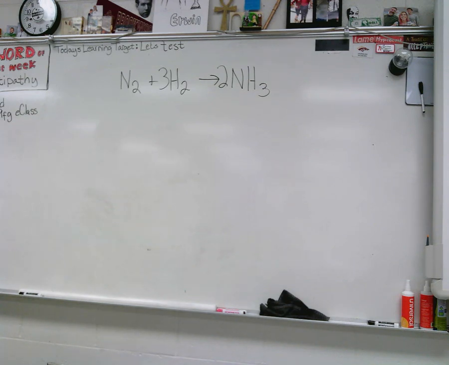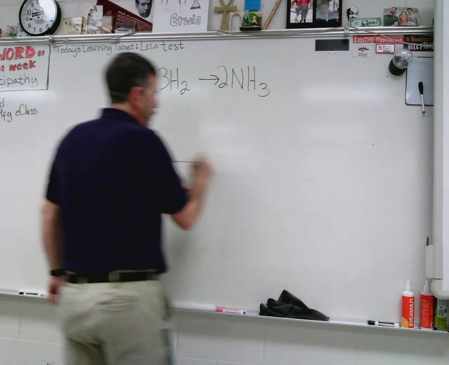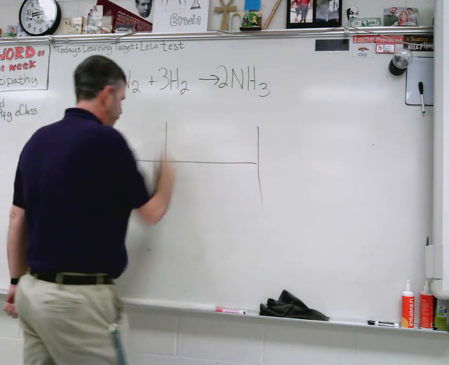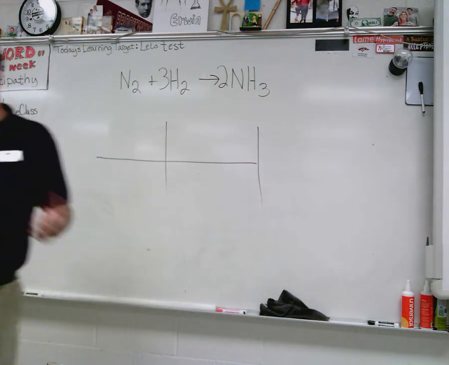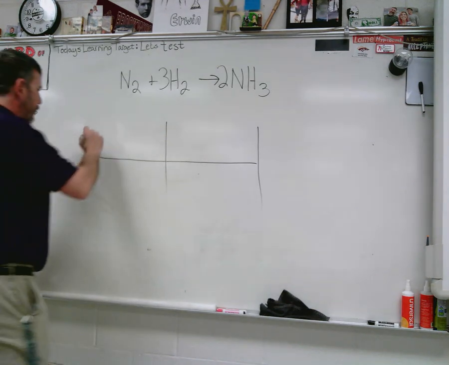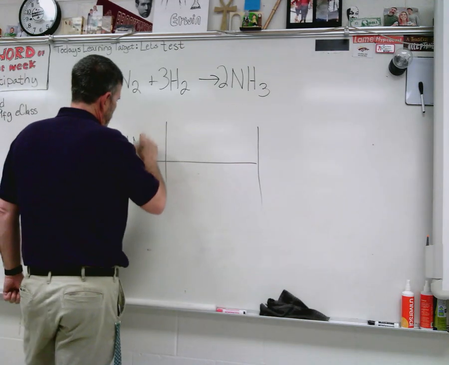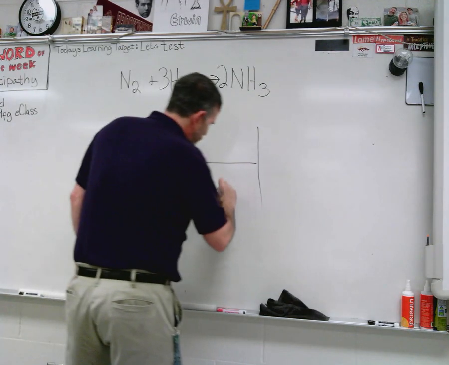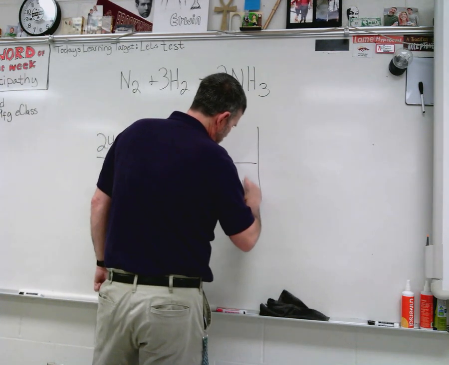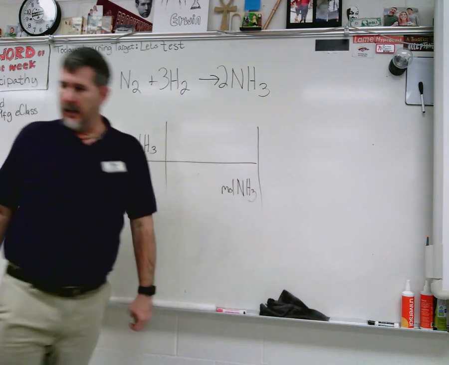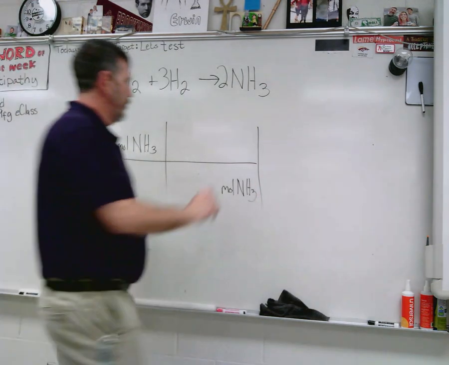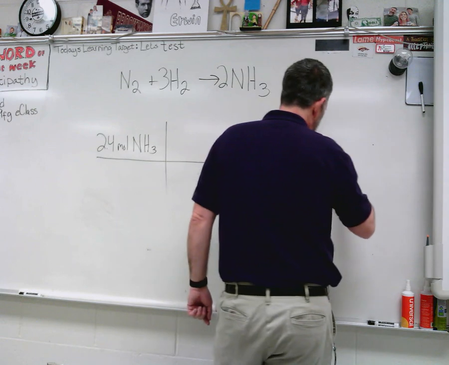Okay, again, it's a dimensional analysis. So what am I given? I'm given 2.4 moles of NH3. And what are they asking me? How many moles of N2 it required to make that? Moles N2.